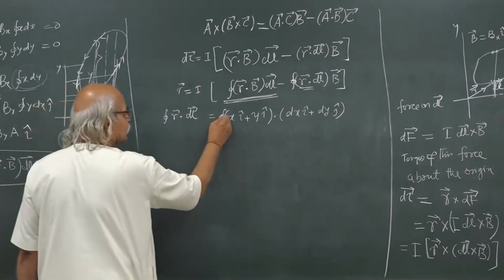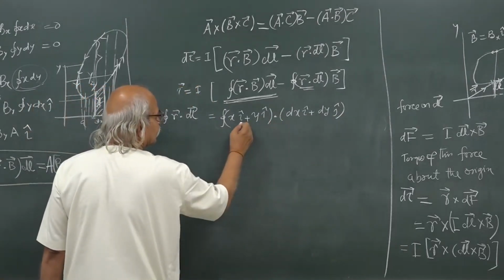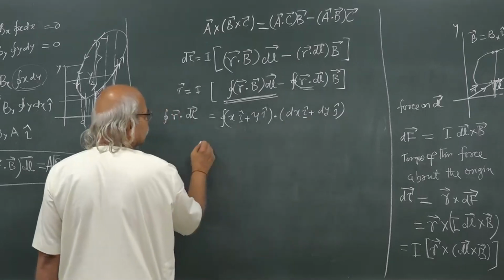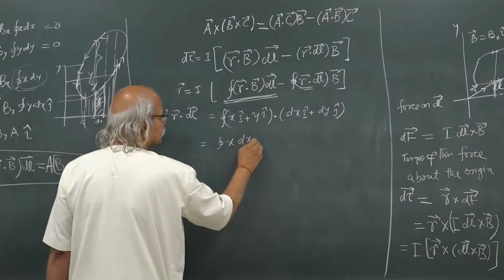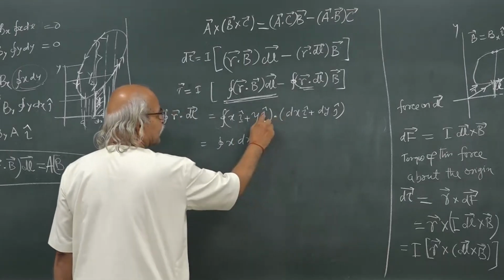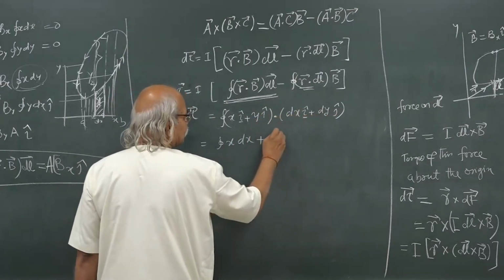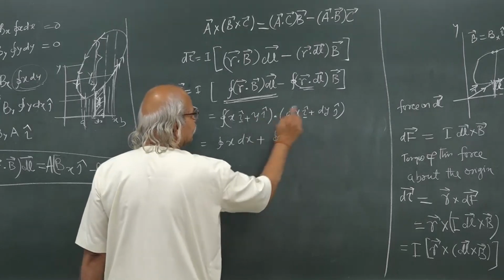Integration, so with the dot product, i cap will give integration of x dx, and j cap will give integration of y dy.